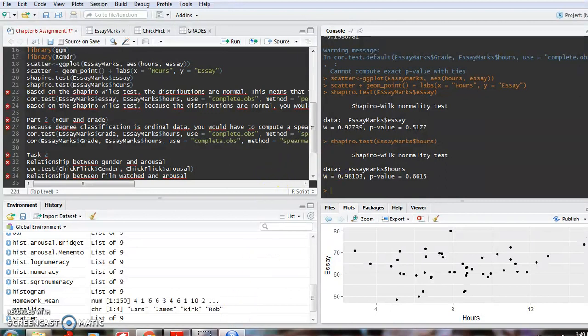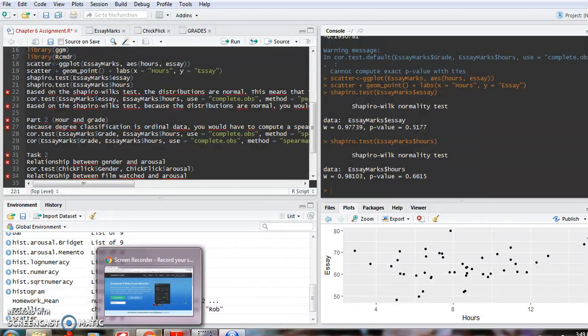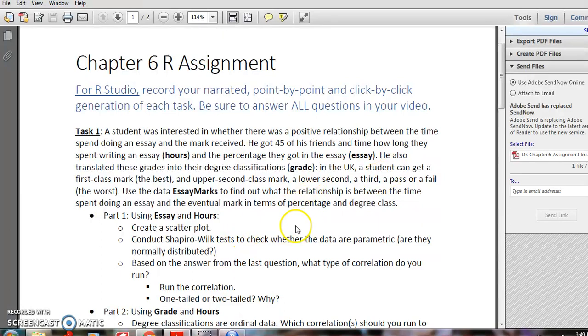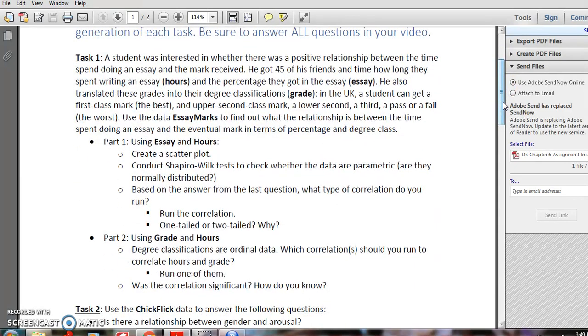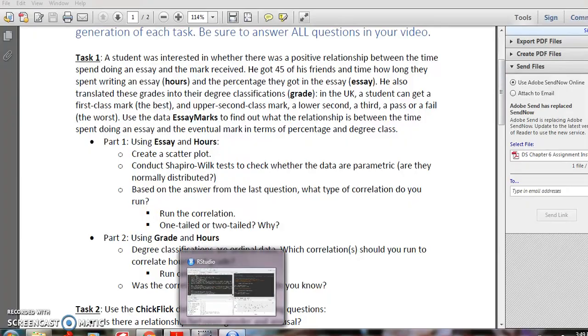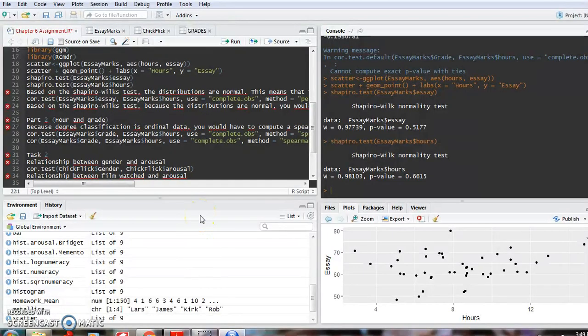Given our answer, we're also asked what type of correlation we run, and whether it is one-tailed or two-tailed, and why. The correlation we're going to run is a Pearson correlation, and we're going to run it as one-tailed.